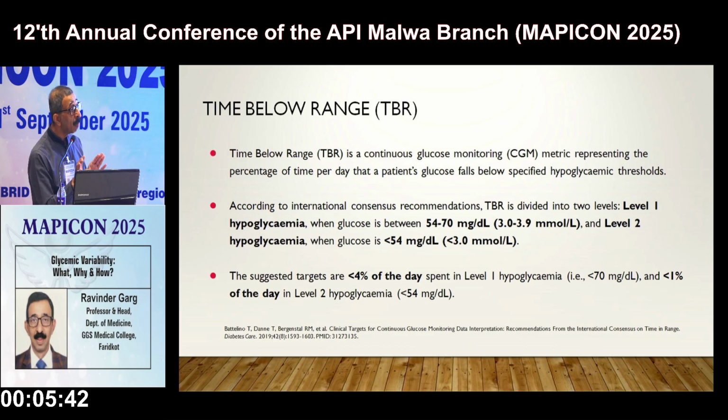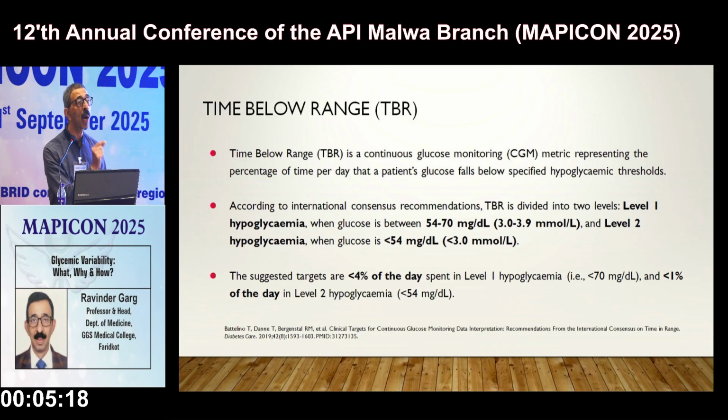Let's give some concentration on time below range. As I mentioned, time below range is less than 70 milligrams per deciliter of blood sugar, very harmful. Hypoglycemia, very harmful. So we divide this time below range hypoglycemia into two levels. One is sugars between 54 to 70 milligrams per deciliter.